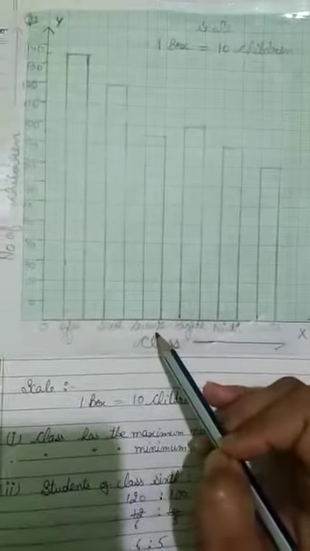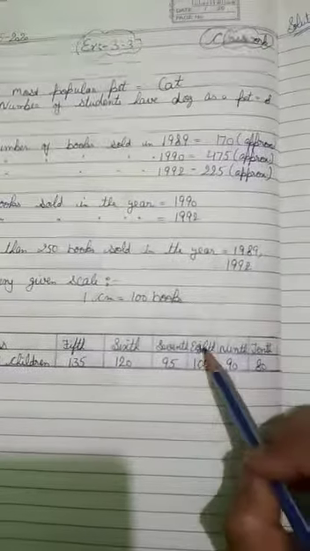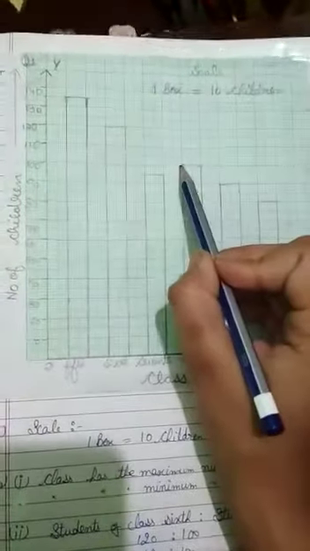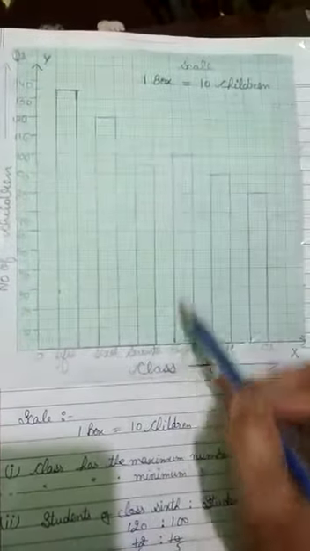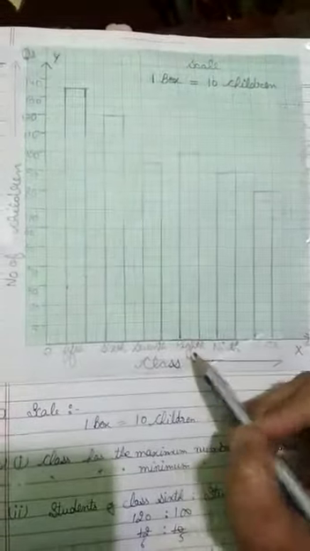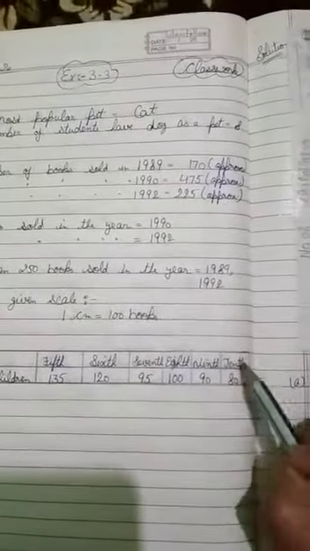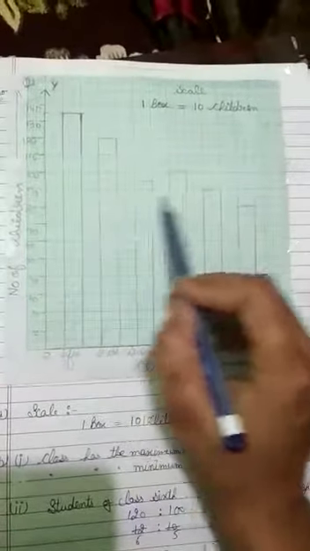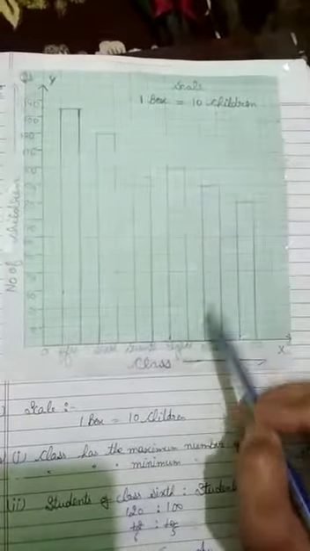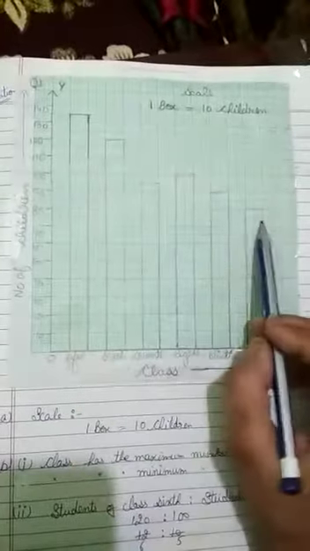These are the students of 7th class. In 8th class, 100 students. Draw a line and then draw the bar here. In 9th 90 and in 10th 80. So in 9th 90 students are there, draw it, and then in 10th 80 students are there. So this is your bar graph.